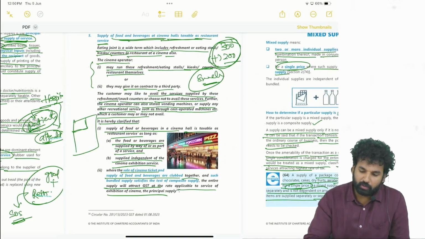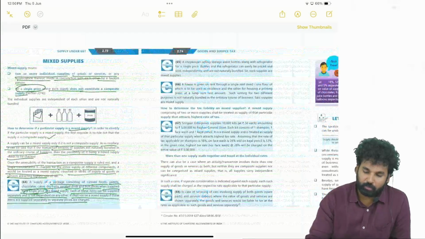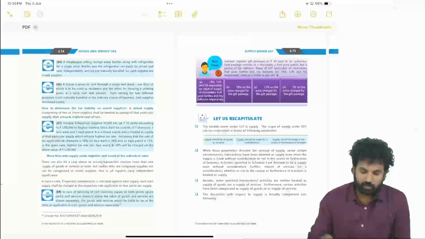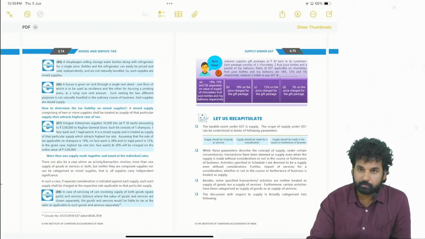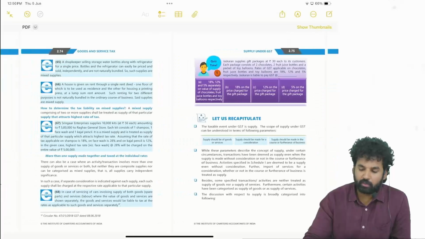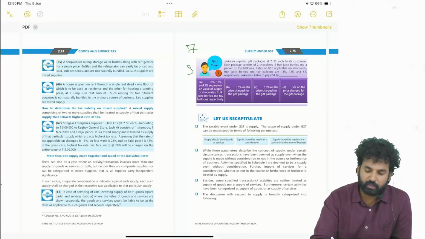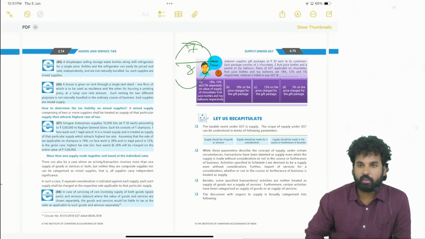So this is all regarding composite and mixed supply. Have a look at it. Other examples are also there. Go through it. So with this we have completed sections 7 and 8. So we have completed the chapter.